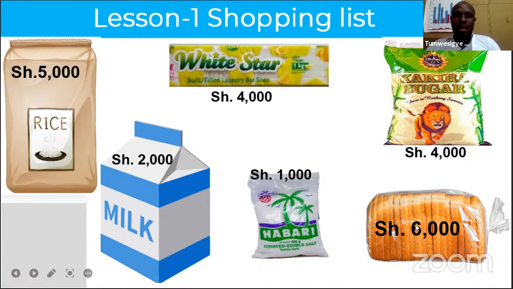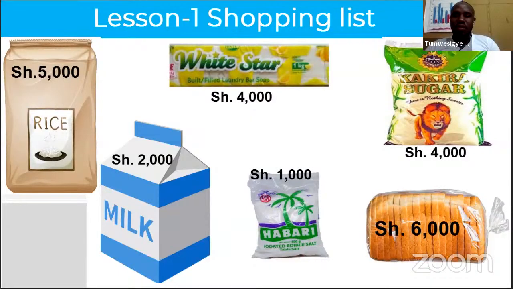So when you compare the list and look at the items that we have, everybody can tell, my dear learners, that the most expensive item, the one with the highest amount of money, is a loaf of bread.